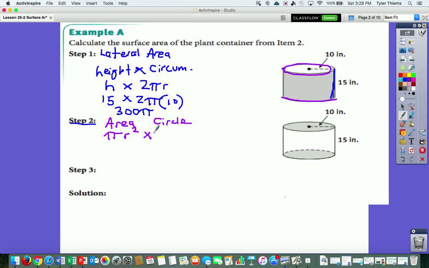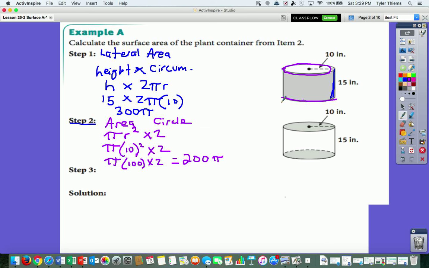Since there are 2 of them, we'll multiply that by 2. Let's plug in our numbers: pi times the radius of 10 squared times 2. We know that 10 squared is 100, so it's pi times 100 times 2, which equals 200 pi.